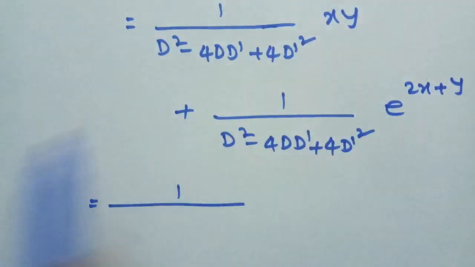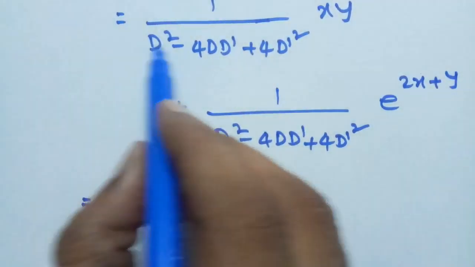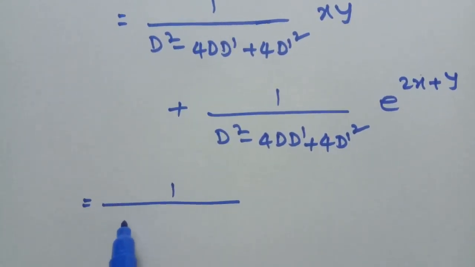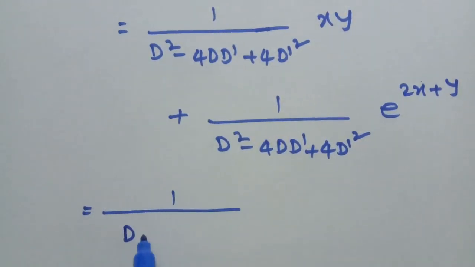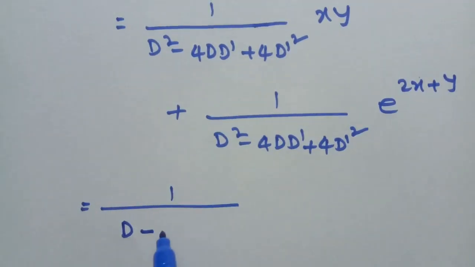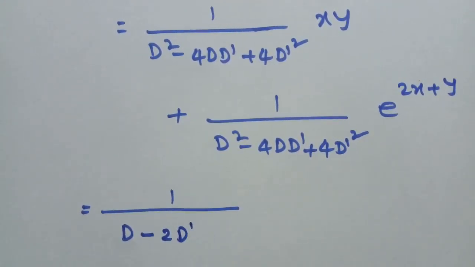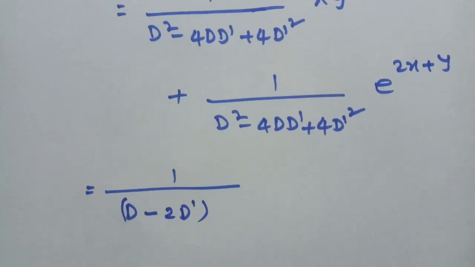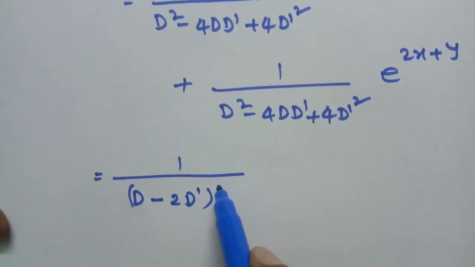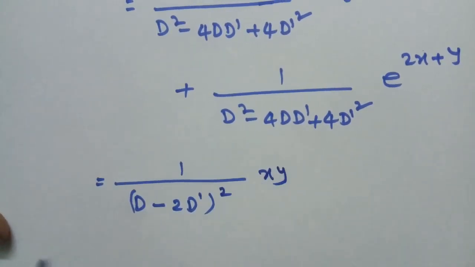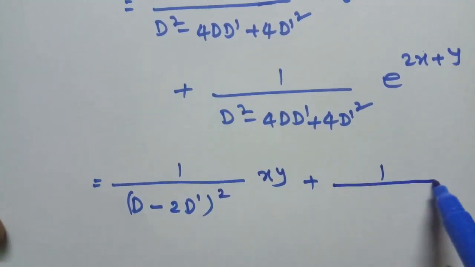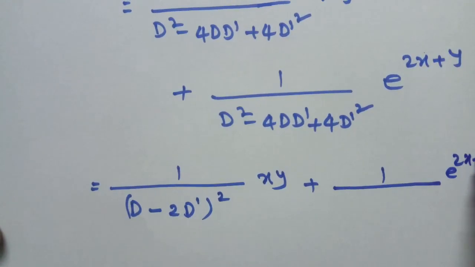So for this, we are writing this as 1 by (D minus 2D')² into xy plus again 1 by (D² minus 4DD' plus 4D'²) into e^(2x+y).